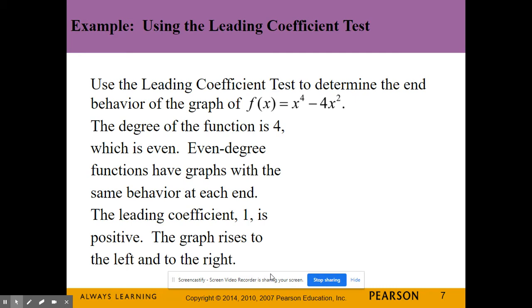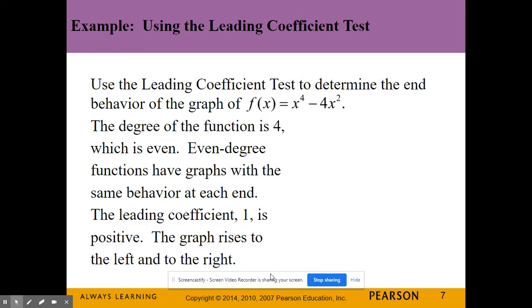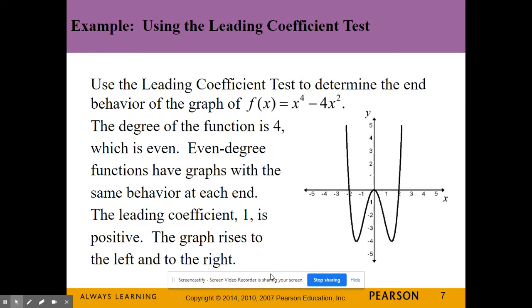So if that's the case, I'm going to flip back to our chart. n is even, and the leading coefficient is positive. So the function we just looked at in that example falls into this category. Both sides rise. Okay. Well, there would be that graph. Again, both sides are rising.